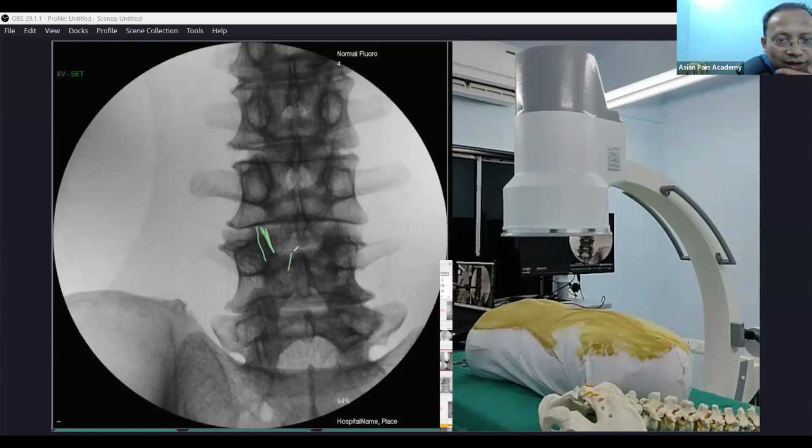Okay, so this is L4 and this is L3. So left side L34 facet, if I want to go, then the facet will be here, because facet joint means inside the facet joint. If I want to go, then I will go between the leg and ear of the lower Scotty dog. So this one will be the facet.